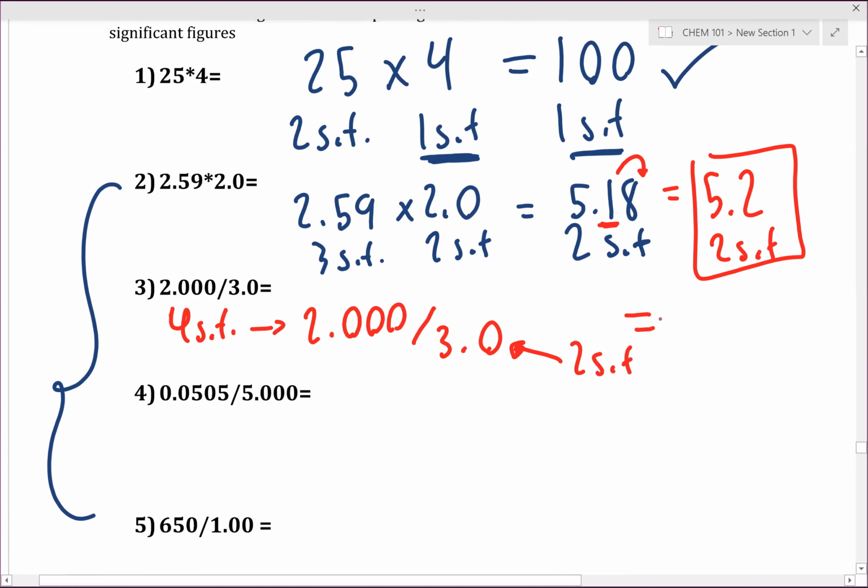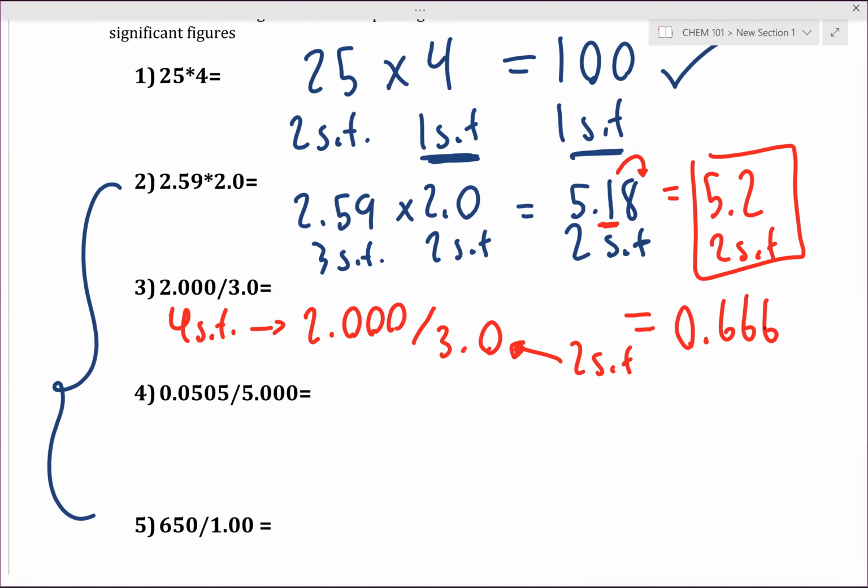Okay, so let's punch this into our calculator now. 2.000 divided by 3.0, and we get 0.66 trailing infinitely. Okay, let's write this number down. So we have 0.666. Let's just stick with the relevant number of digits here.